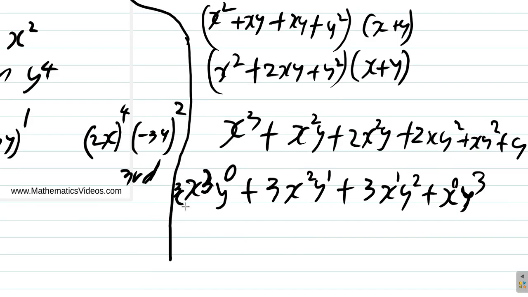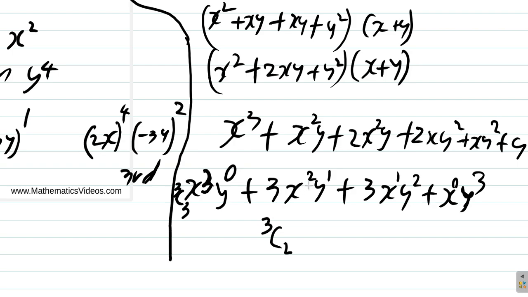It's 3C3. 3 available and 3 x's, plus the coefficient here would be 3 available letters but only 2 x's. You're counting the number of x's. 3C2.